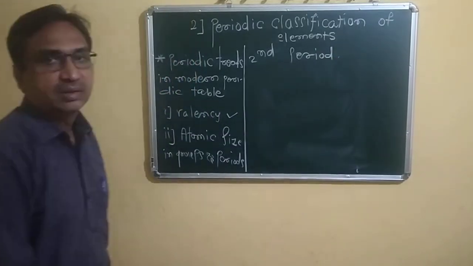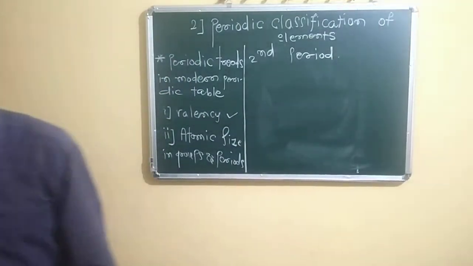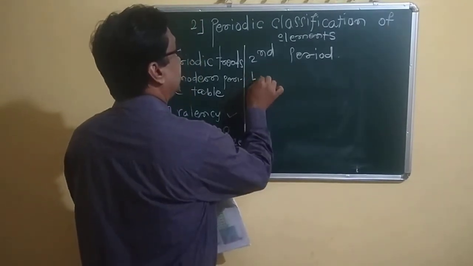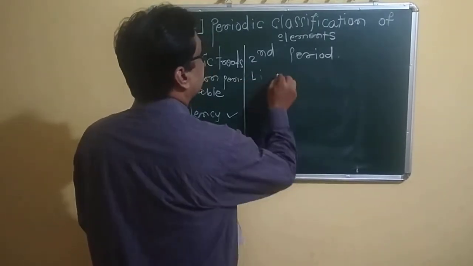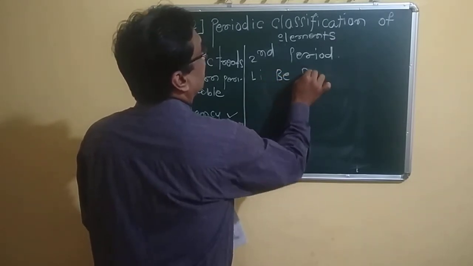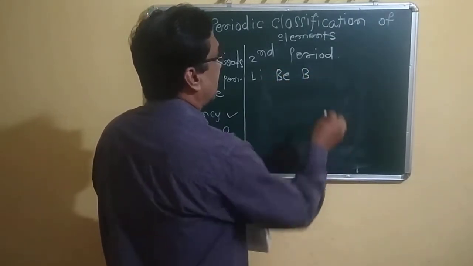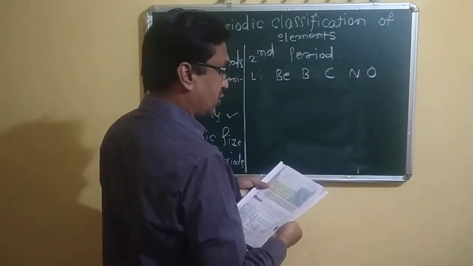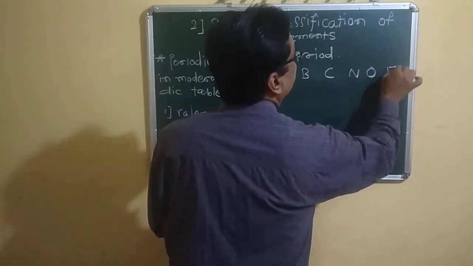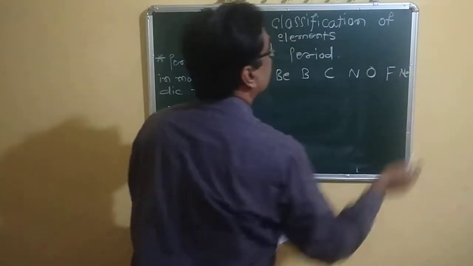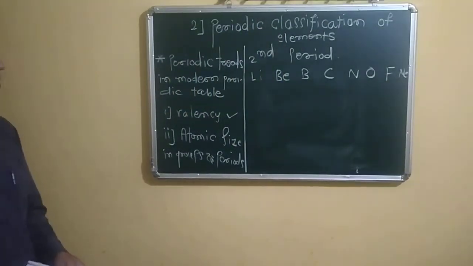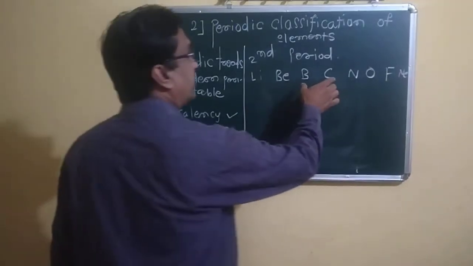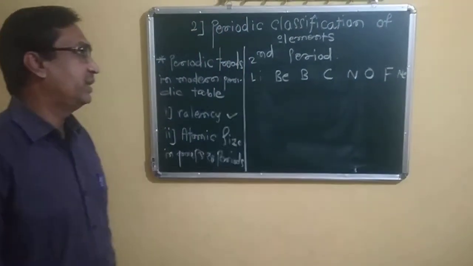We have to write down the names of these elements: lithium, beryllium, boron, carbon, nitrogen, oxygen, and fluorine. Neon is also there. So in this way there are 8 elements in the second period.